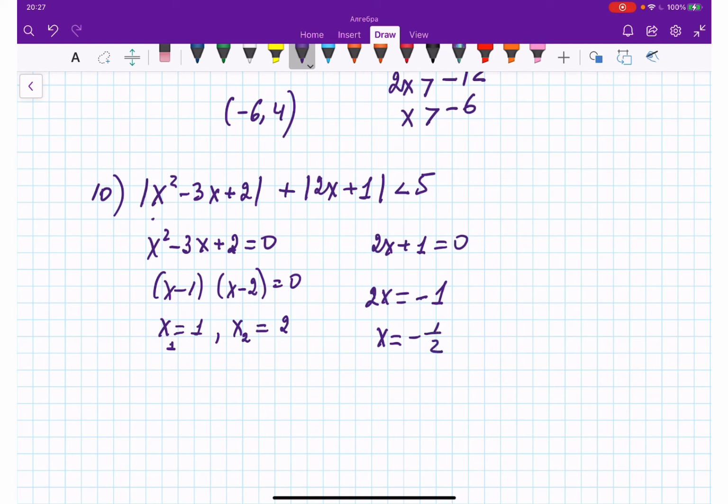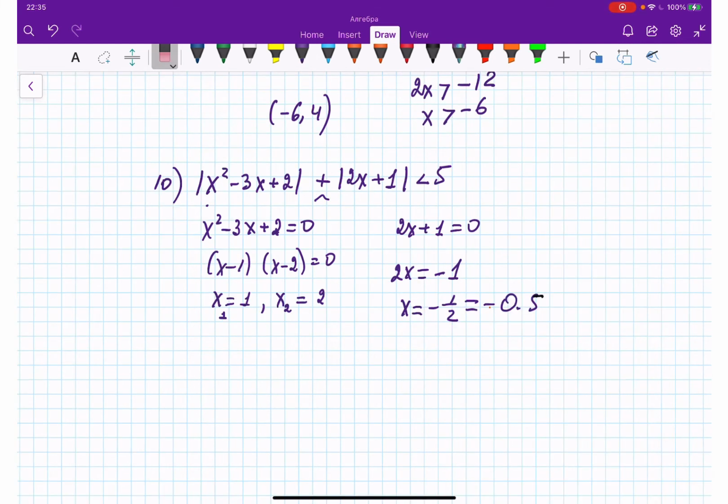So we have practically 3 solutions, 3 answers. Now this is what we are going to do here. I'm going to break down, since we have here the interval, -0.5.